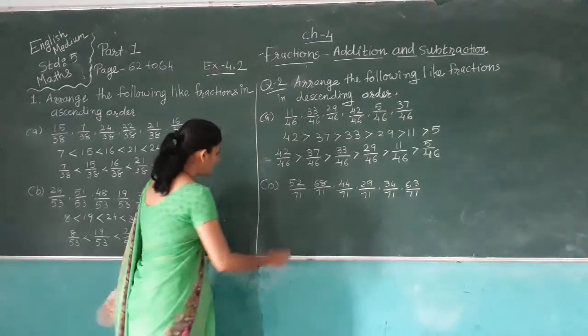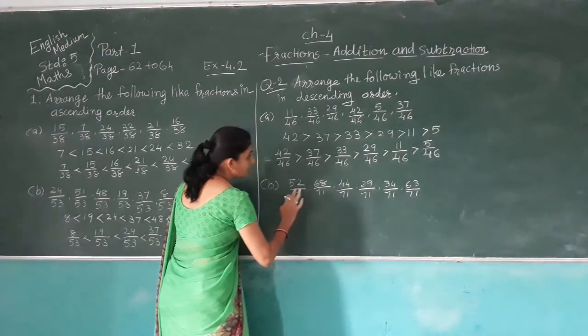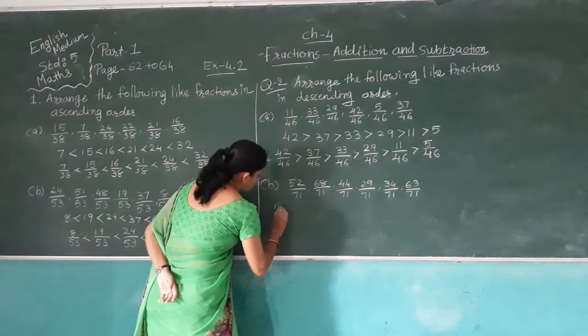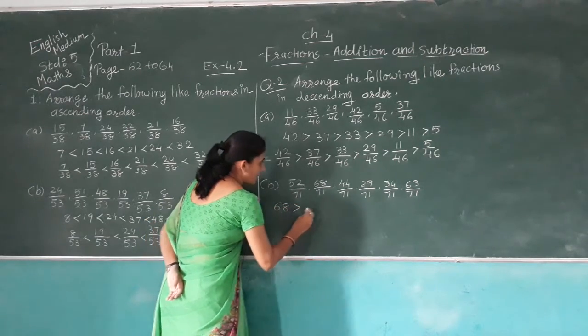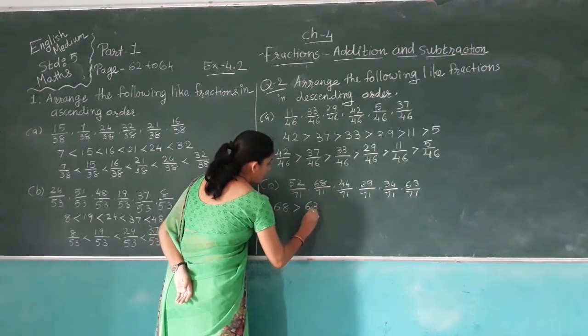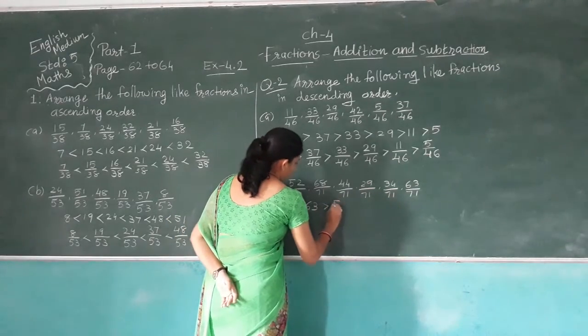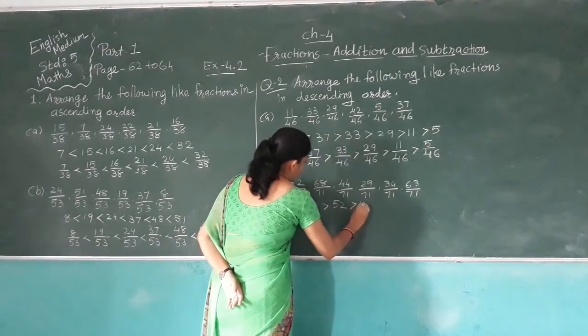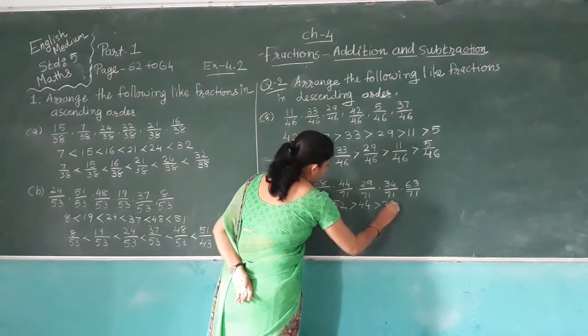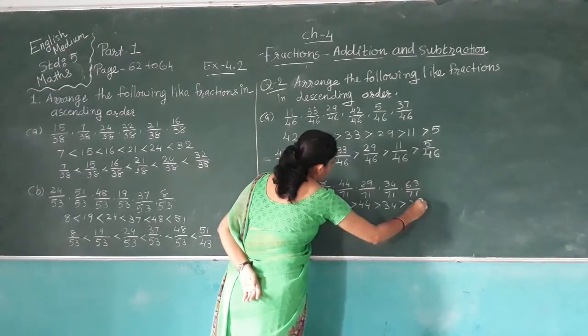Now same way here, in both, which one is the greatest? 68 greater than 63, then greater than 52, then 44, then 34, then 29.